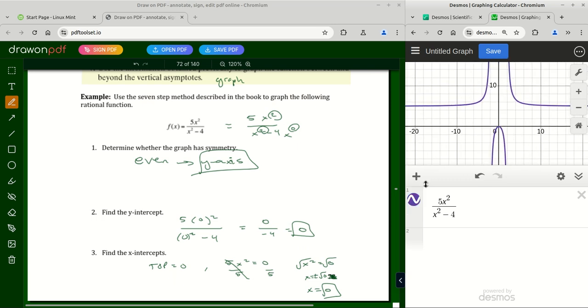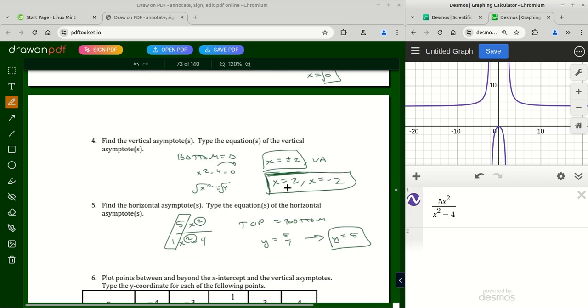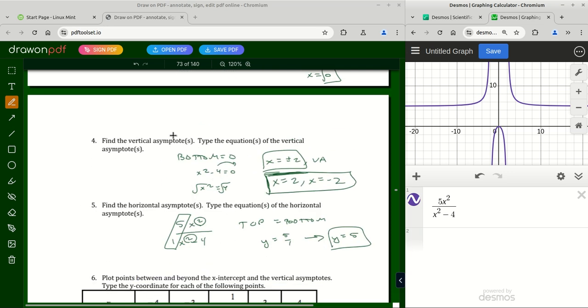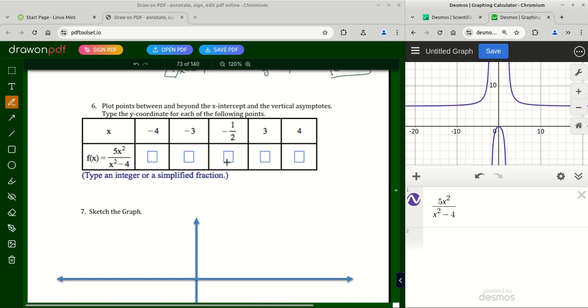Oh yeah, it's symmetric about the y-axis. So that's nice. But what are the vertical asymptotes? Like, what are these lines that you can't cross? Desmos doesn't show you very well. What about the horizontal asymptote? Where's that? Again, it doesn't really show you very well. And there's ways to find it, but it's not worth it here. Okay? So I would say a little bit of math is okay, unless it's super obvious.